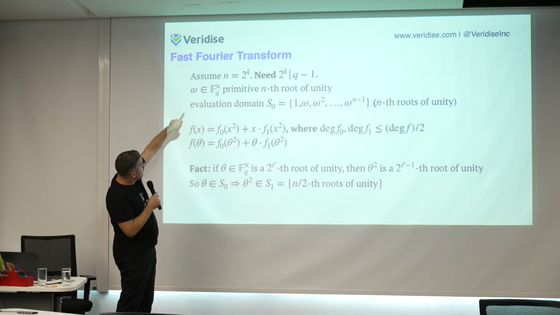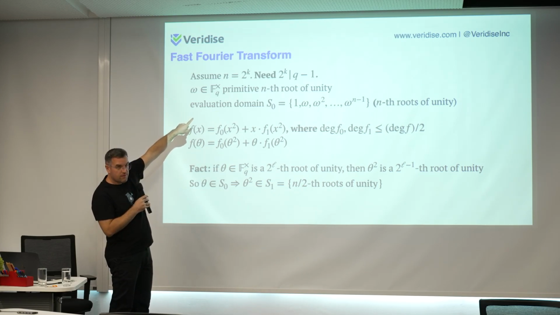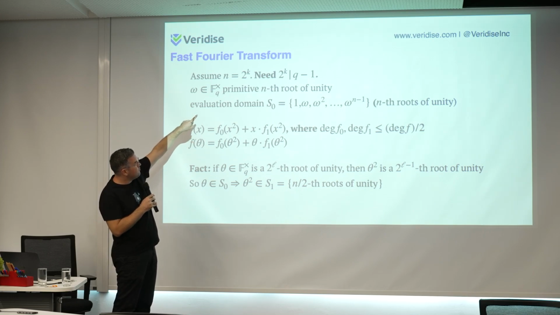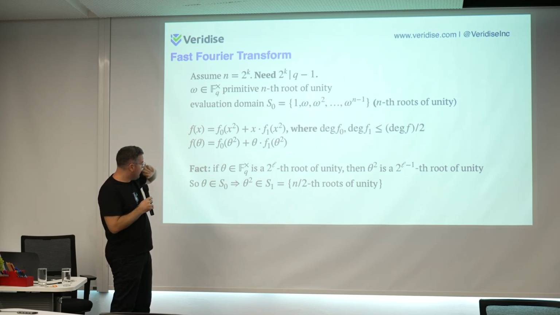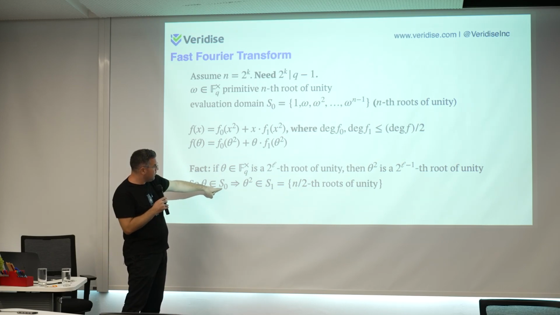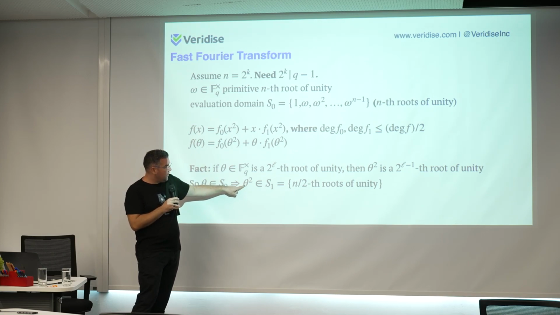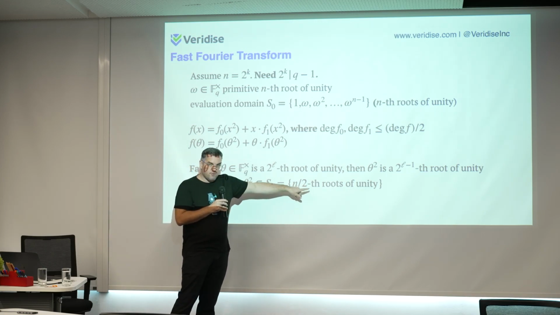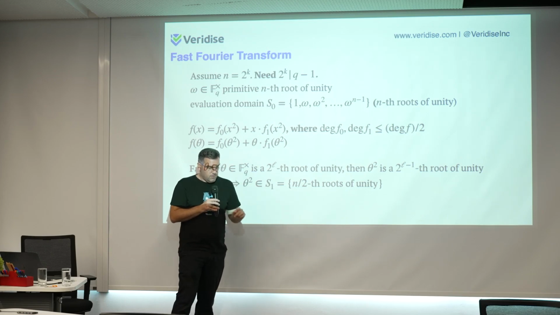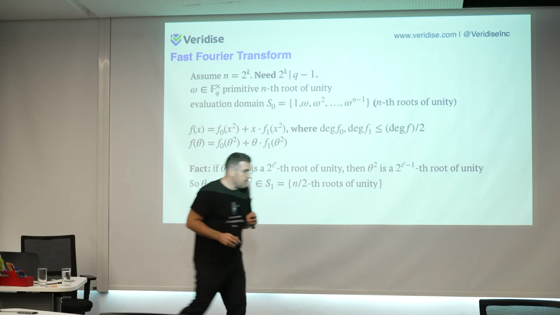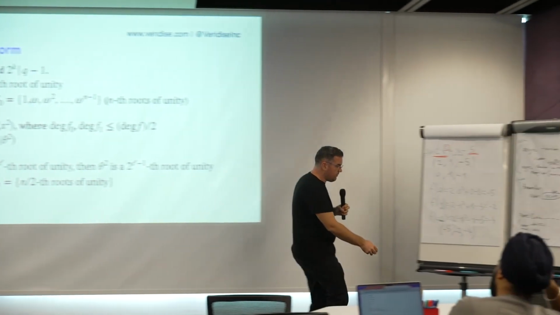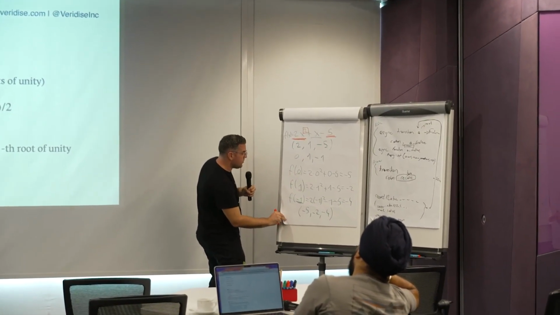The roots of unity were of a very particular form. They were 2 to the kth roots of unity. And there's this very nice fact that if you take an nth root of unity where n is 2 to the k, and you square it, you get an n over 2 root of unity. So you should think of this as you have a set of roots of unity that you have chosen as your evaluation domain.